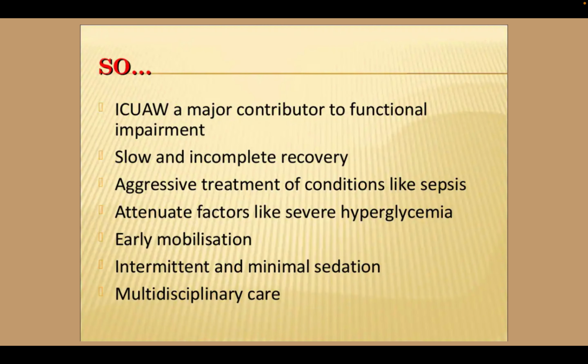So it is a major contributor to functional impairment. It has slow and incomplete recovery. We need aggressive treatment of conditions like sepsis, avoid hyperglycemia, early mobilization, intermittent and minimal sedation, sedation interruptions, and multidisciplinary care.